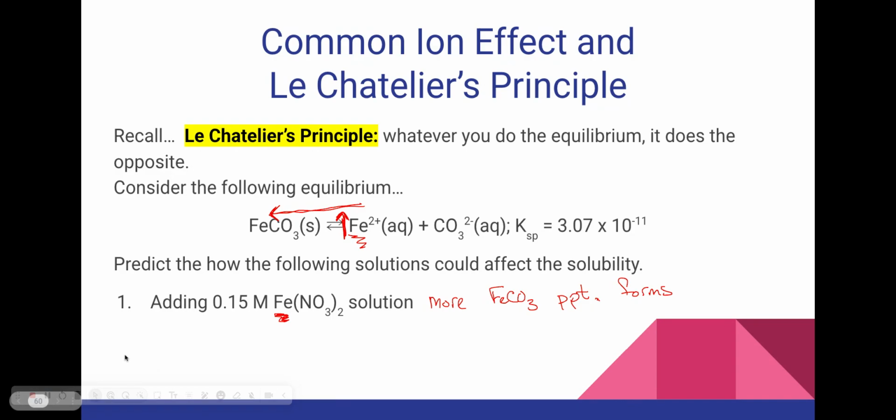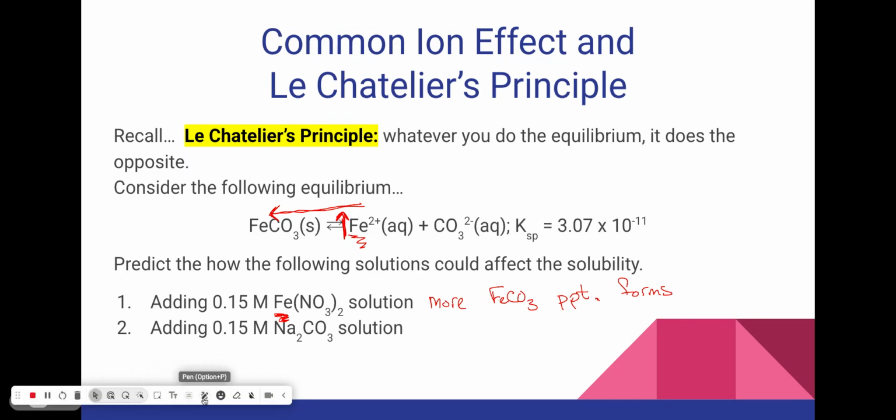Okay, so here's another one. Suppose we add this time 0.15 molar of sodium carbonate solution. Well, I hope everyone can see that we have a common ion here, the carbonate. So if I have a common ion, carbonate, we know that the concentration of carbonate ion is going to increase. And if the concentration of carbonate ion increases, we know, according to Le Chatelier's principle, whatever I do to the equilibrium, it does the opposite.